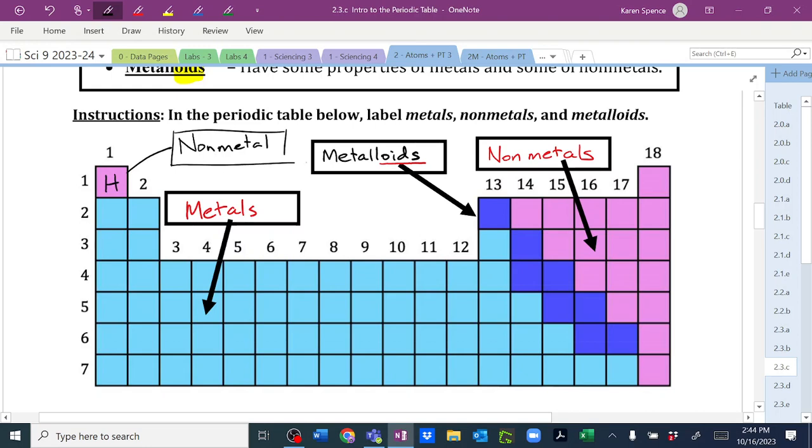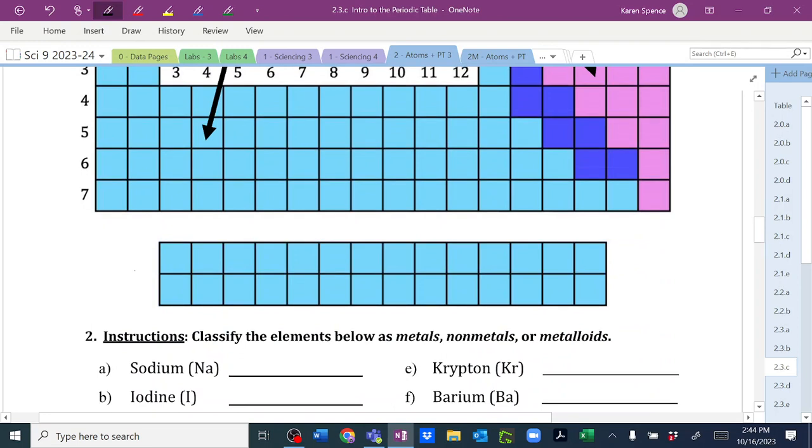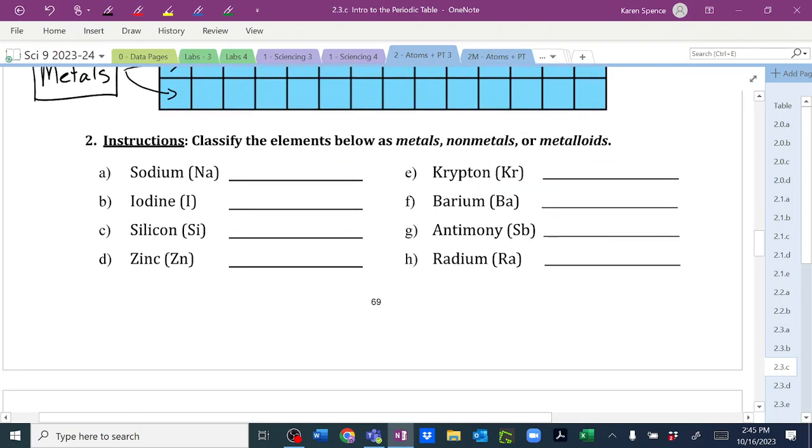So you just have to remember hydrogen is placed kind of funny. We'll talk about why that is a little bit later in the course, but not right now, okay? So you have your metals, you have your metalloids, and you have your nonmetals. And, oh look, what's down here? These are also metals. And I'm going to skip number 2. I'll let you do those yourself.